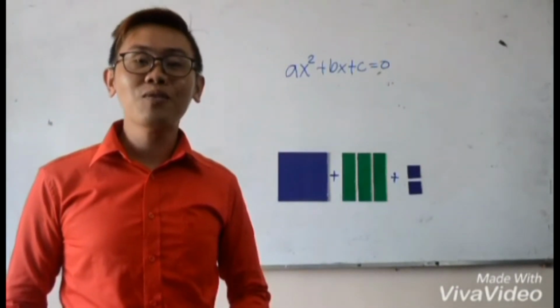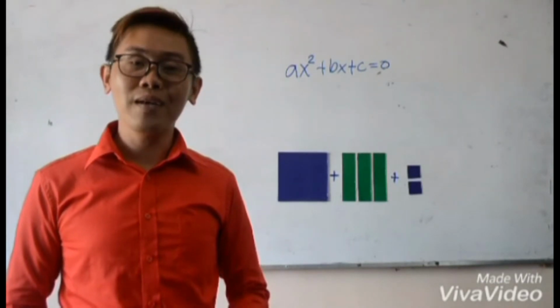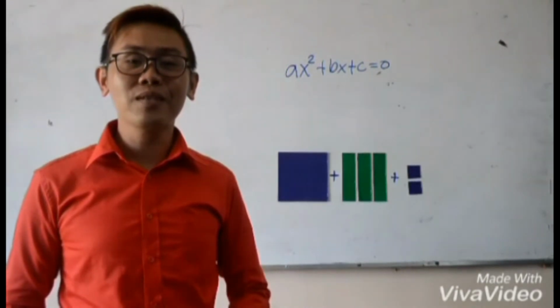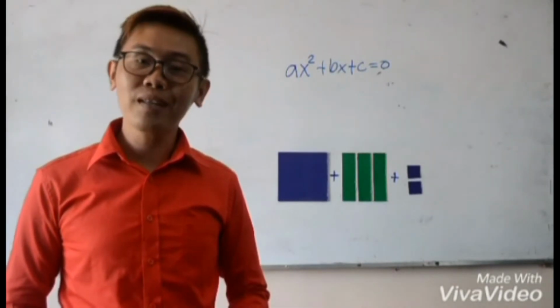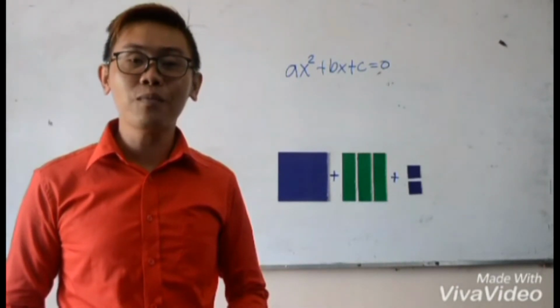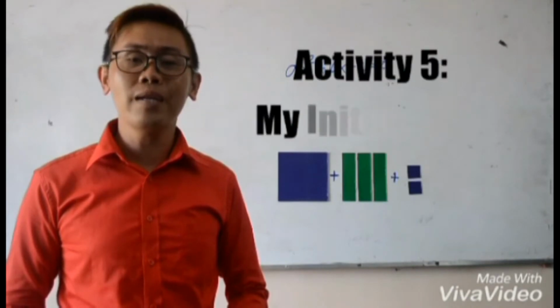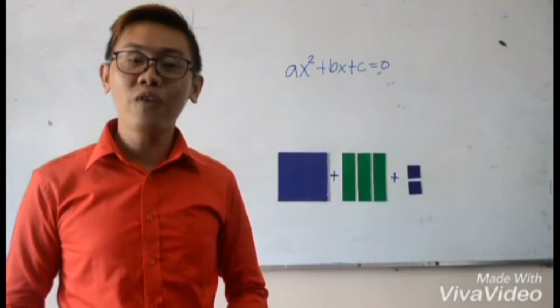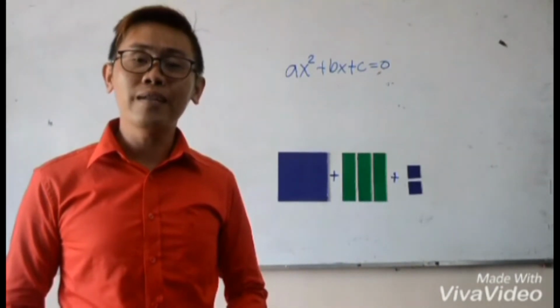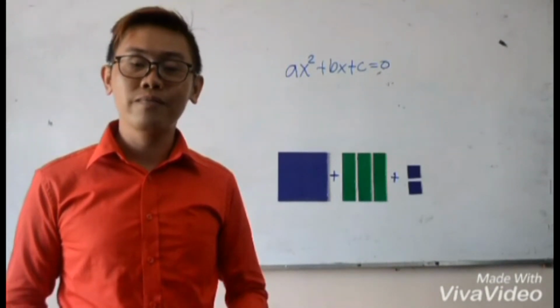You already know how to factor perfect square trinomials, but there are different strategies in order to factor a quadratic equation. But before that, we will have first activity number 5, and that is My Initial Ideas. This will measure your prior knowledge on factoring other than the perfect square trinomial.